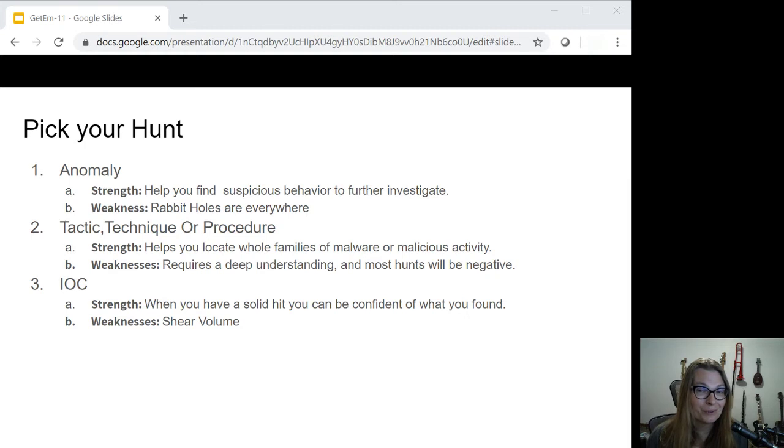Okay, two, your TTPs. All right. By far, my personal favorite for hunting, because it lets you locate whole families of malicious activity. Right? And you know how we talked about evil is as evil does? Okay, if you find someone making a scheduled task to download a malicious file every day, you pretty much got it nailed that you're on the right track.